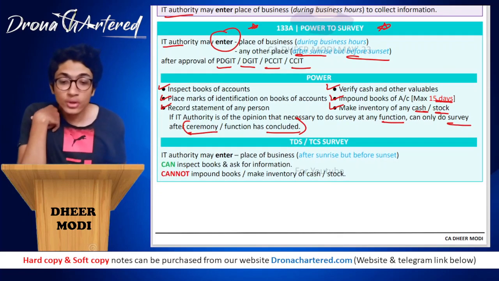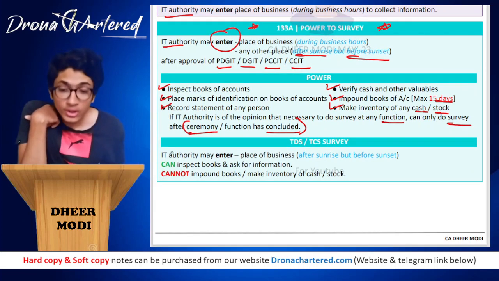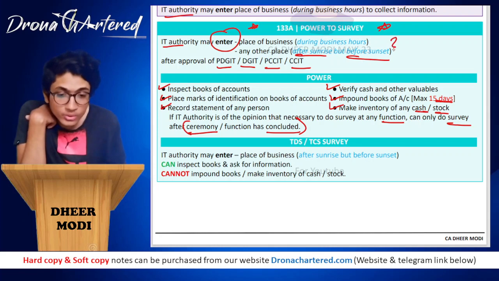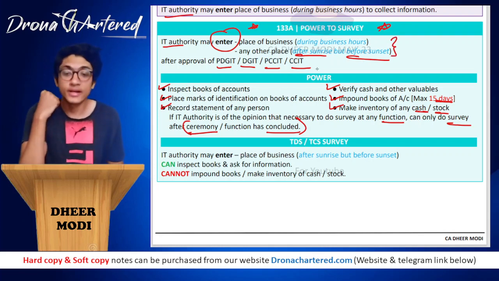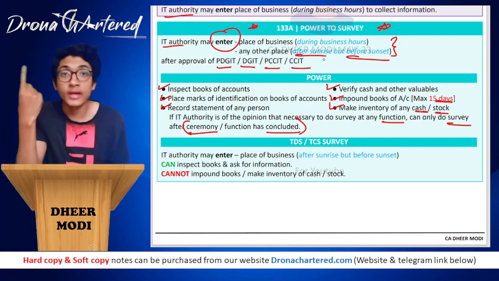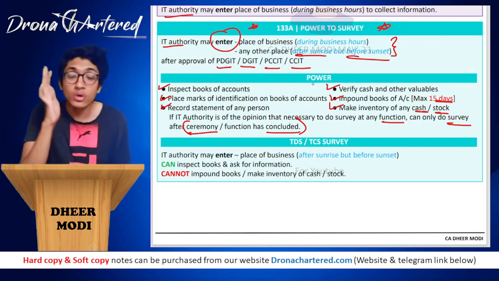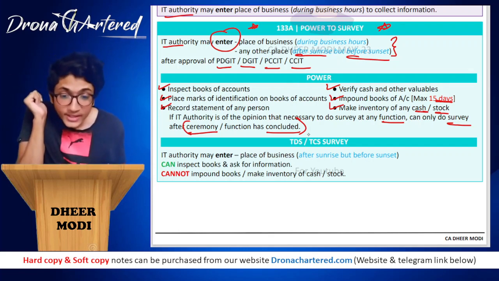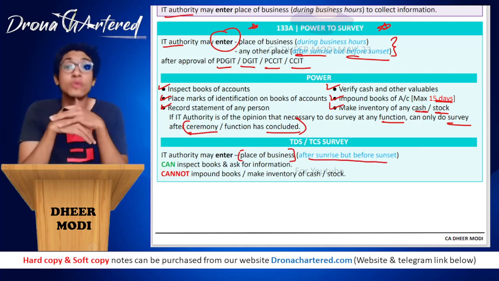Okay. Next is your TDS TCS survey. What you have to remember, they ask you in MCQs, is what time can they enter. So you have to remember that for place of business it is during business hours, any other place after sunrise but before sunset. For TDS TCS survey, income tax authority may enter place of business. Remember over here, even for place of business, it is after sunrise but before sunset.